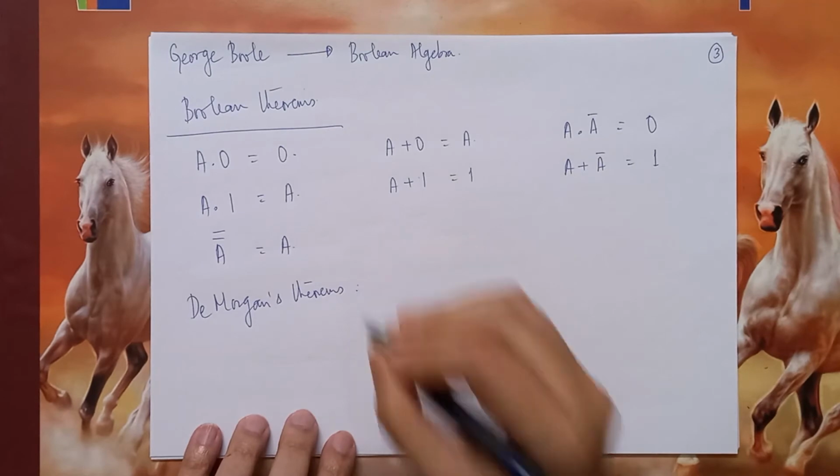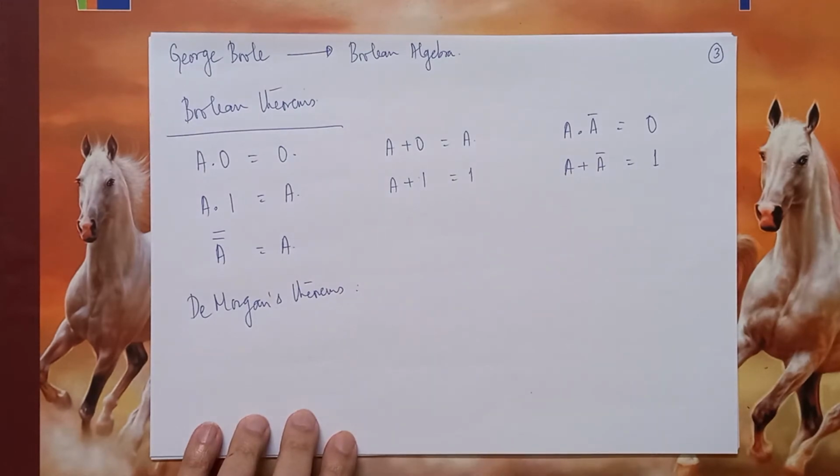He said that the complement of a plus operation is equal to the dot of individual complements.